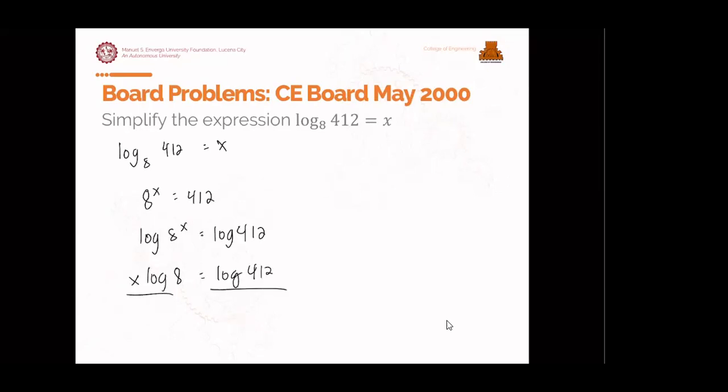Divide both sides by log 8, so x equals log 412 over log 8.